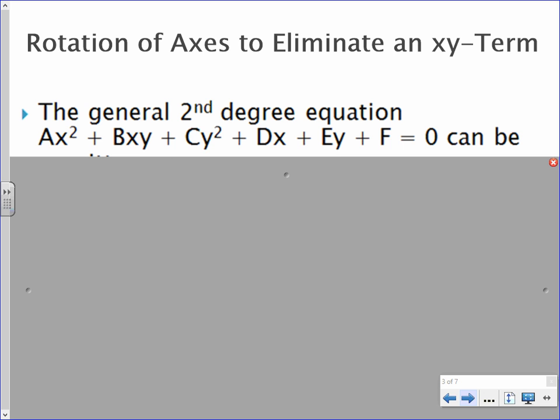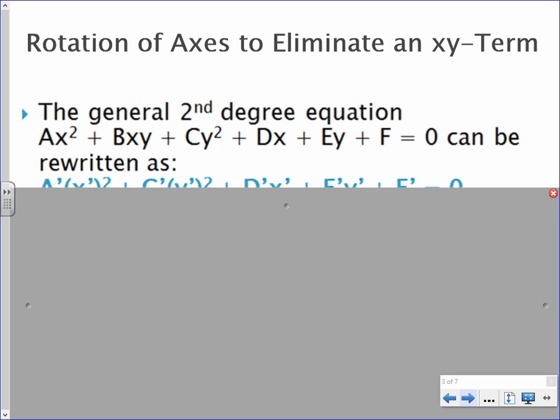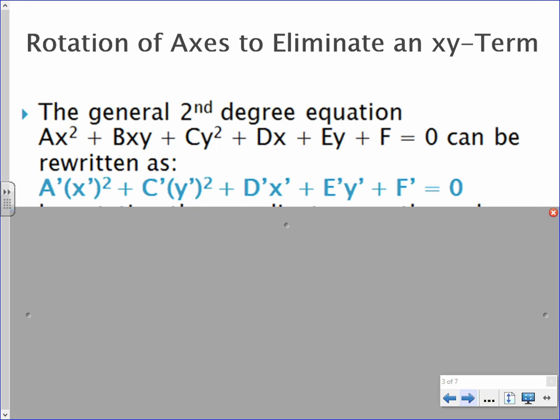Okay, if we are given a conic that is being rotated, in order for us to graph it, we are basically going to rewrite it in terms of x primes and y primes so that we no longer have an xy term.